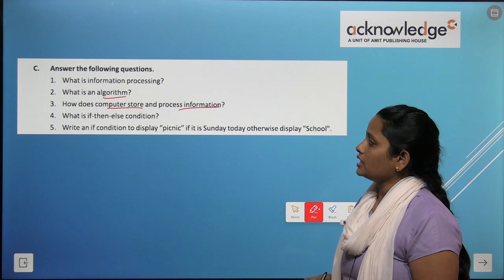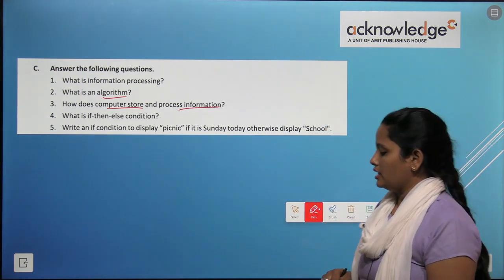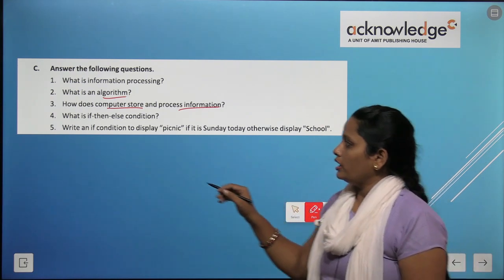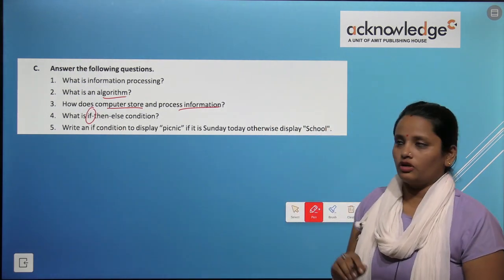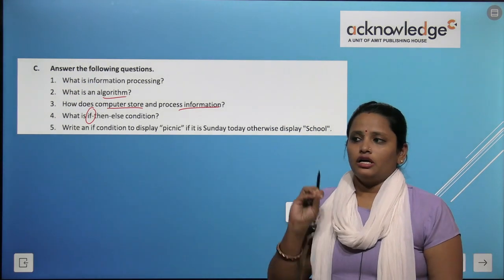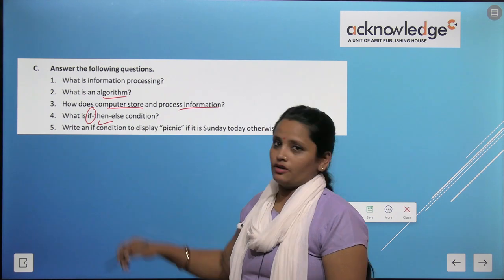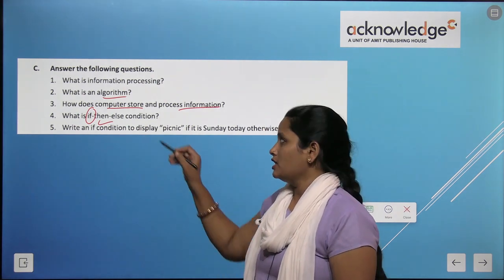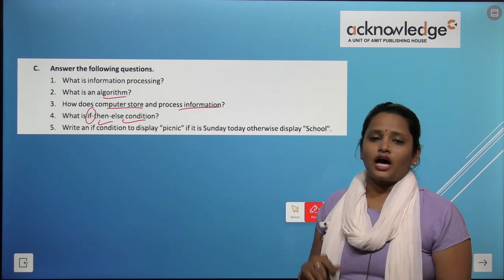Next, what is an if then else condition? If means that there is some work given, and if the statement is true, then the if condition will be followed, and if the statement is false, then the else condition will be followed. So this is our if then else.